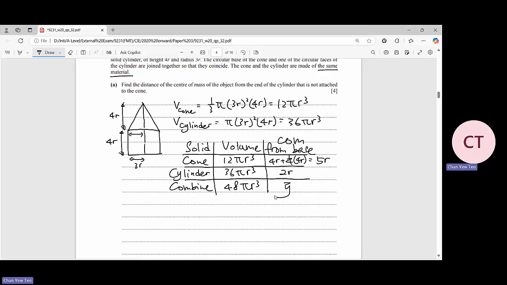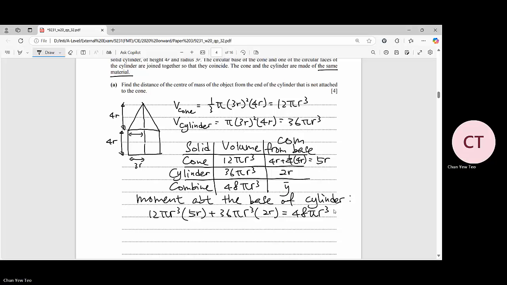So this one will be bar y, you just write bar y here. Take the moment about the base of the cylinder. So you will have 12 pi r cube multiplied by 5r plus 36 pi r cube multiplied by 2r is equal to 48 pi r cube bar y.